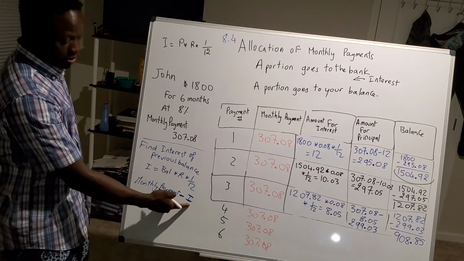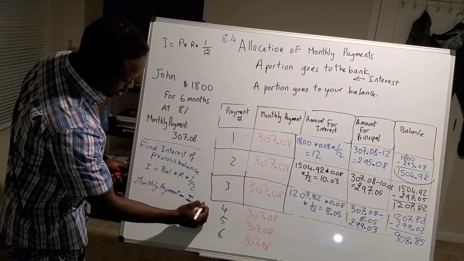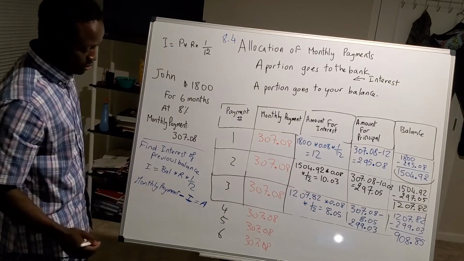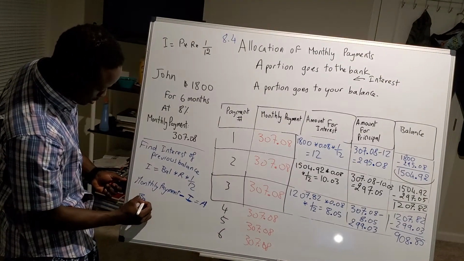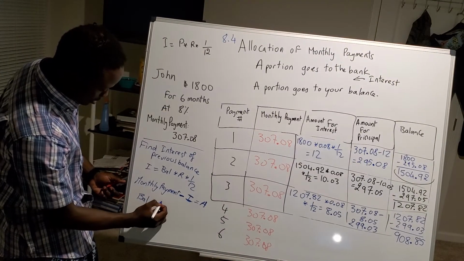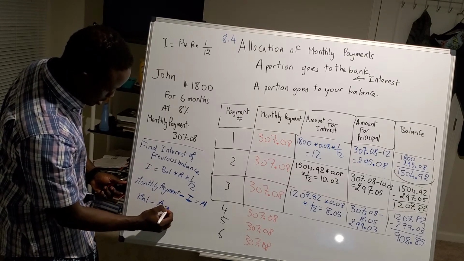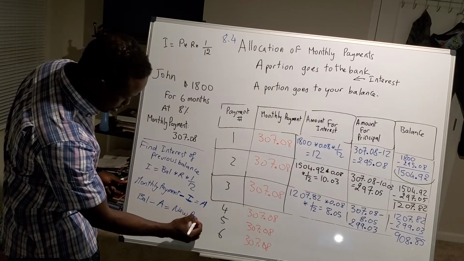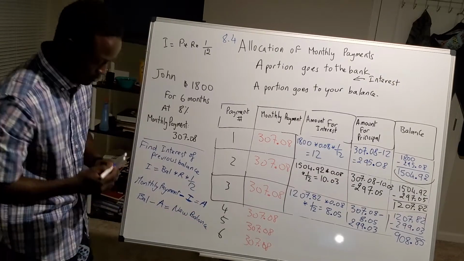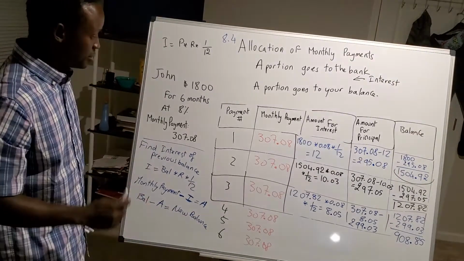Let's call this the amount. Now this is the amount that's going to affect your balance, right? So you go back to balance minus the amount you found here, so you have a new balance.